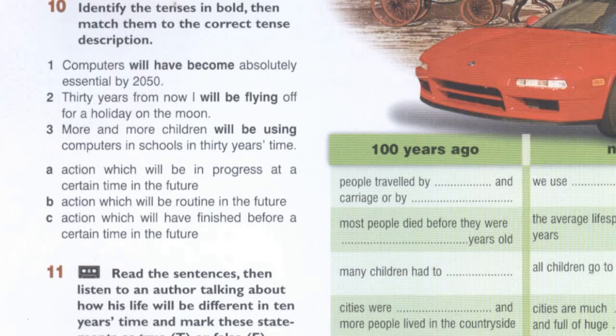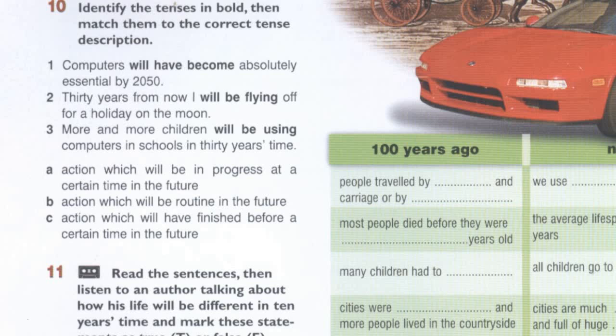Number 1, will have become. This is future perfect. The format is will plus have plus past participle of your main verb. Number 2, will be flying.